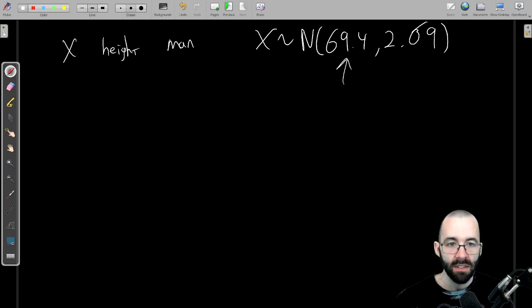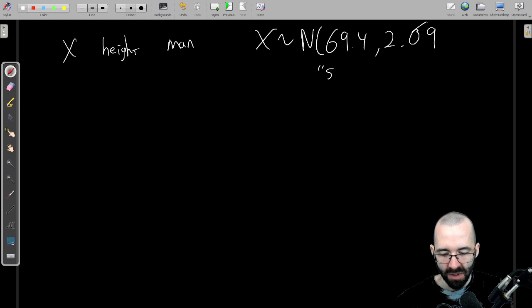What is this? 5 feet is 60 inches, so about 5'9.5".